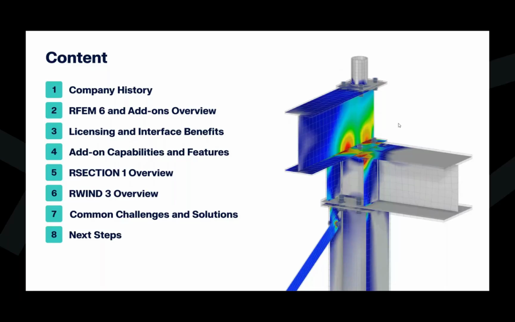We'll then move on to our standalone programs, including an overview of RSECTION, as well as our CFD wind analysis program, RWIND 3. Finally, I'll wrap up with common challenges you might have in your existing structural analysis program and how we at Dlubal Software hope to step in with solutions.